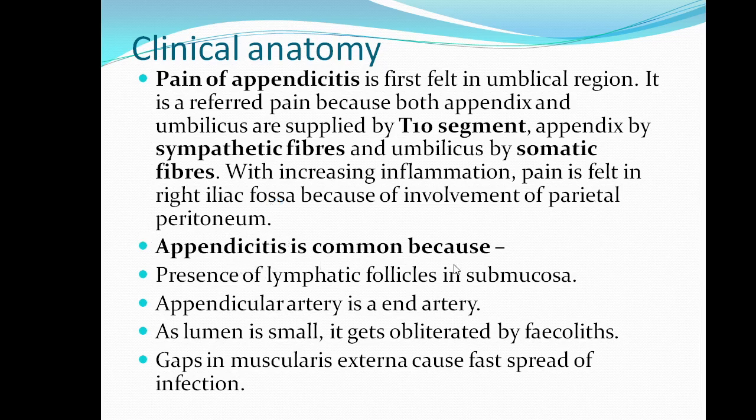Appendicitis is common because of the presence of lymphatic follicles in the submucosa. The appendicular artery is an end artery, and as the lumen is small, it gets obliterated by fibrosis. Gaps in the muscularis externa cause fast spread of the infection.